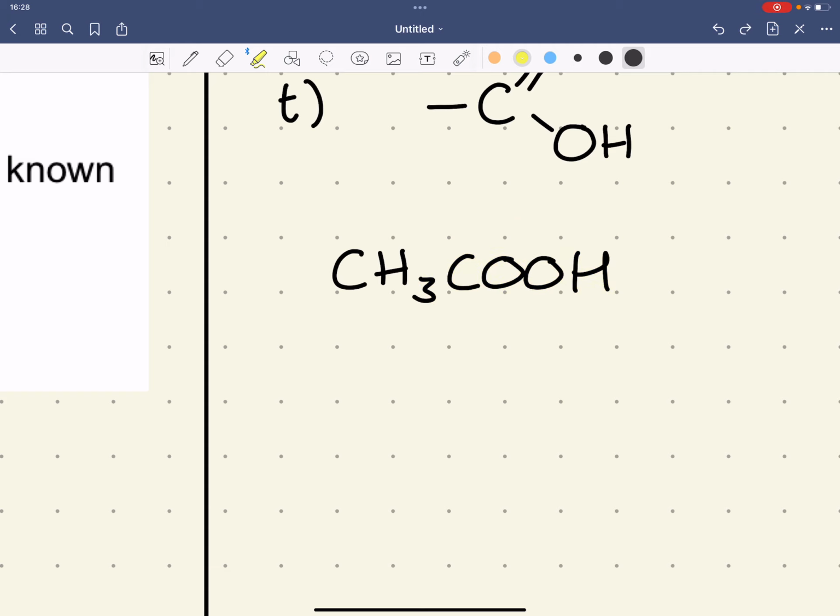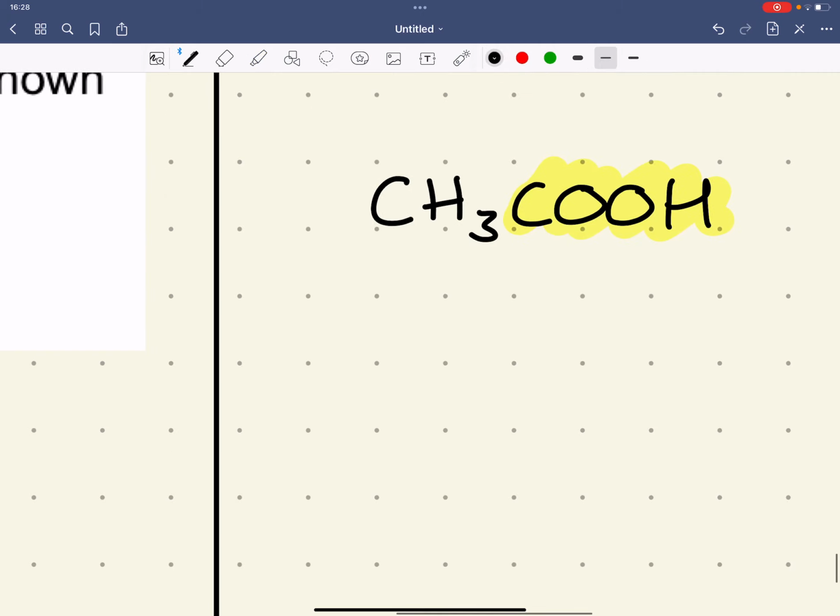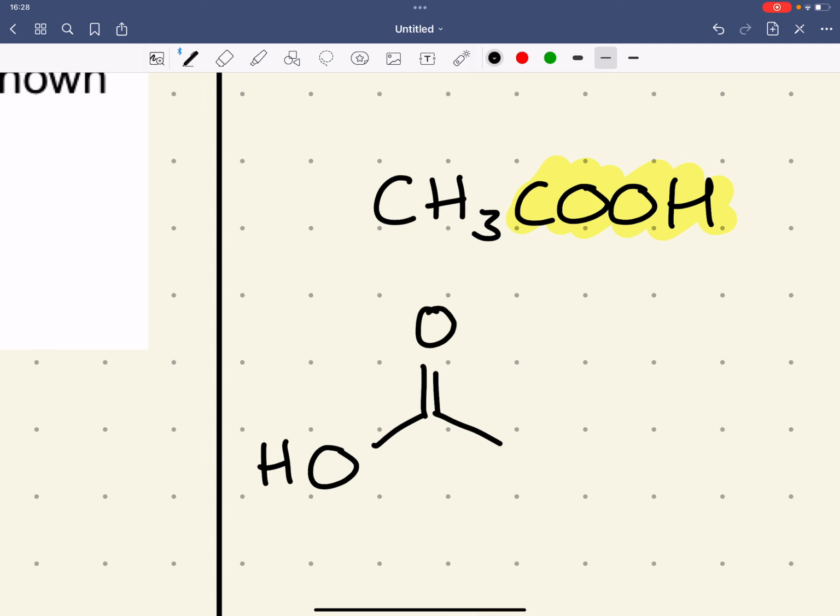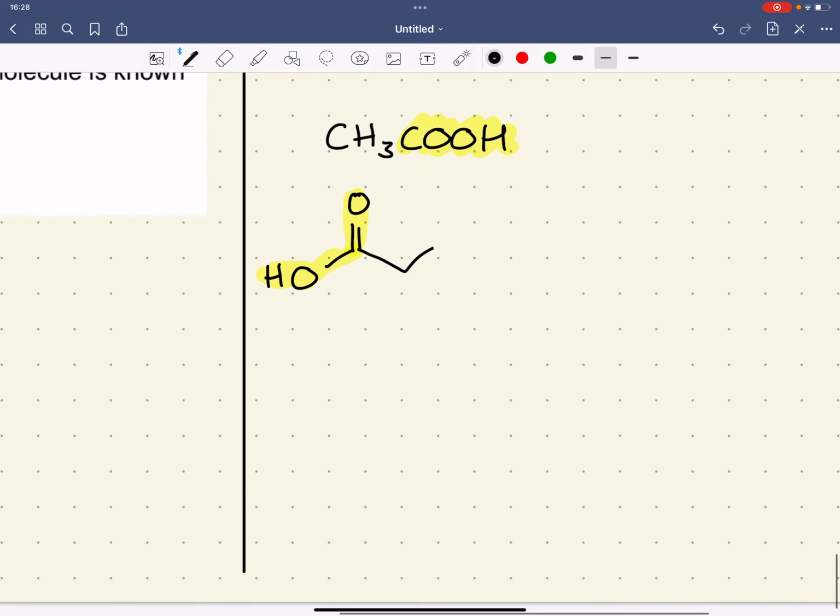We've got that functionality there. Part B has the following, as a skeletal formula. Again, it's still got this COOH functionality, so that is correct.